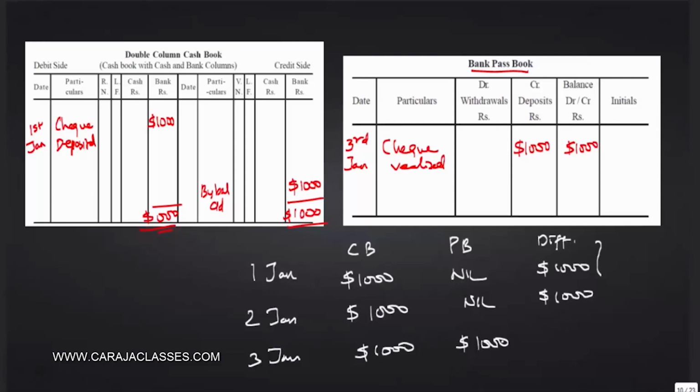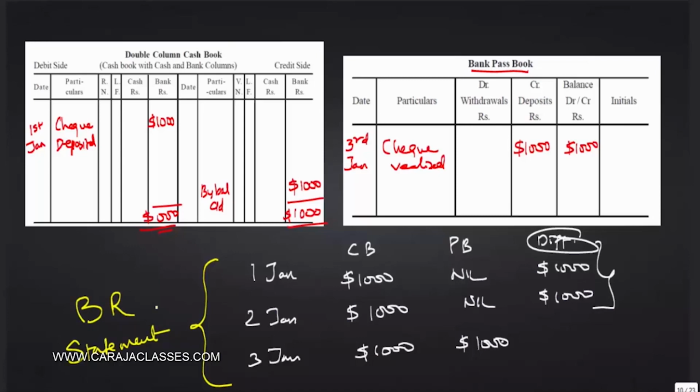It's because the check deposit was not yet realized in these 2 days. Similarly, there can be many transactions on account of which there will be a difference between your cash book and passbook. And if you want to know why there is a difference, you have to prepare a statement. And that statement is called bank reconciliation statement.